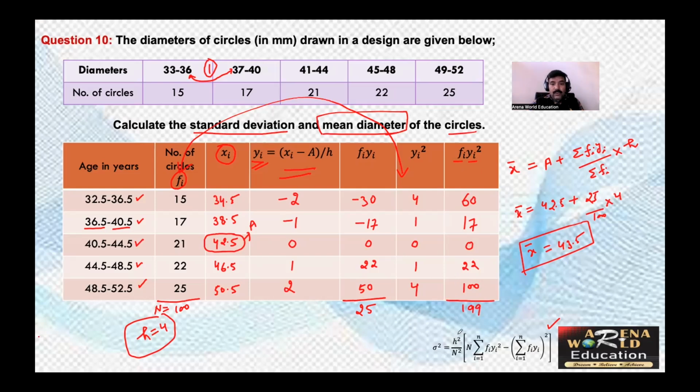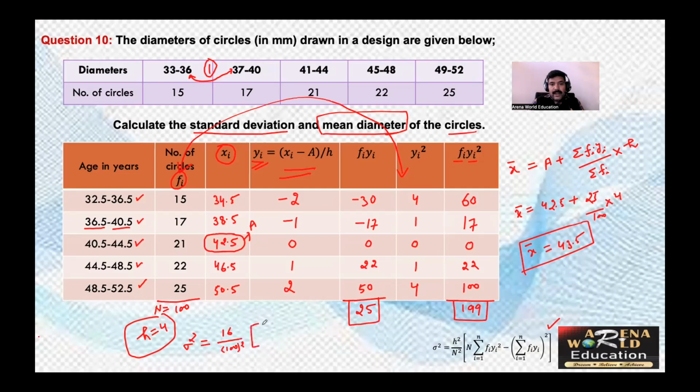Now look at this formula. H is calculated, H is 4, N is 100. Summation Fi Yi square is 199. Summation Fi Yi we have already calculated, which is equal to 25. Now easily we can apply this formula. So let us find variance. Variance will be equal to H square, which is 4 square, that is 16, divided by N square, which is 100 square. Right?